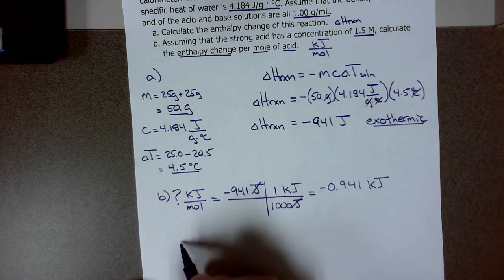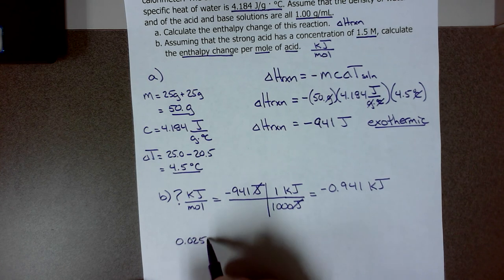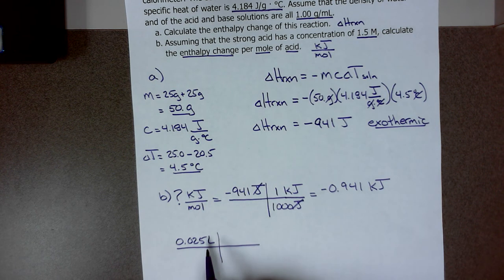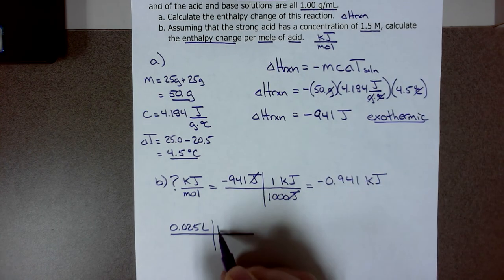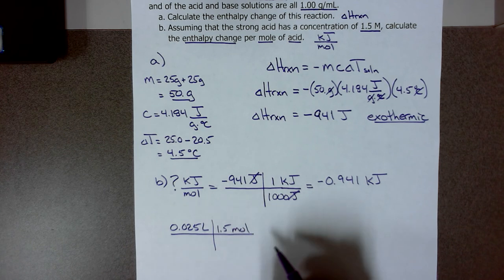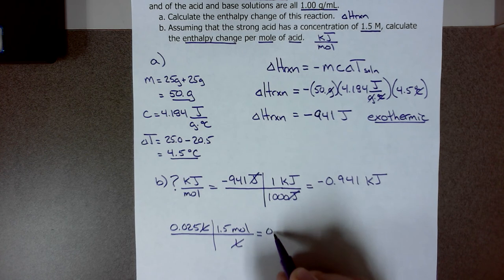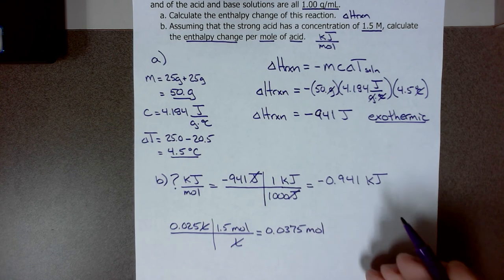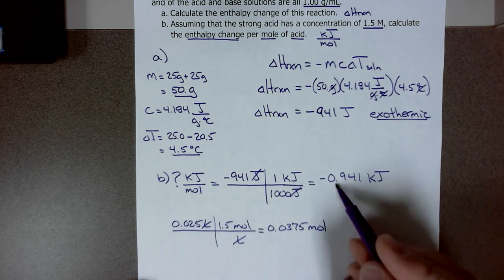Now I need to figure out my moles. Remember, we had 25 mLs, so that's 0.025 liters, and the concentration was 1.5 molar, so that's 1.5 moles per liter. That comes out to 0.0375 moles. If I want kilojoules per mole, I just take this and divide it by that.